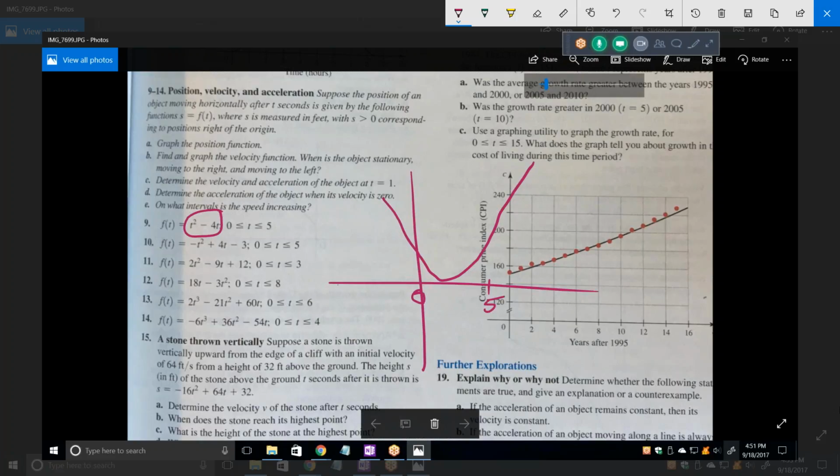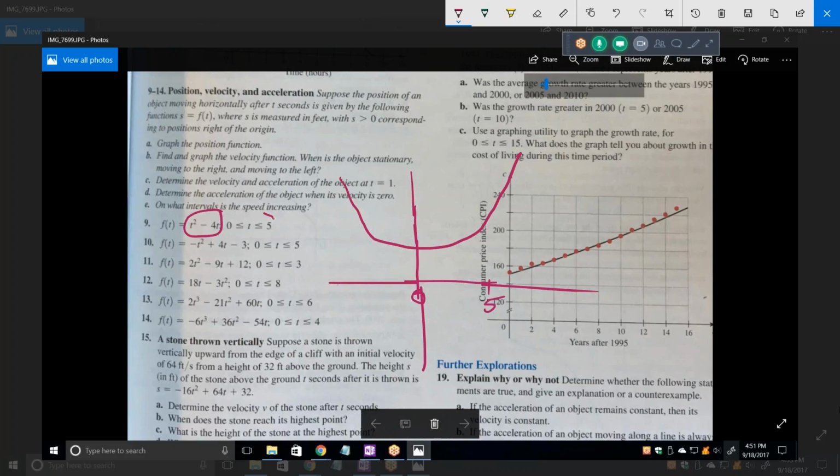Now, let's see, I haven't drawn it correctly. Oh, I know why. The vertex has to be at 0. So the true way to draw that is a parabola like that, okay?